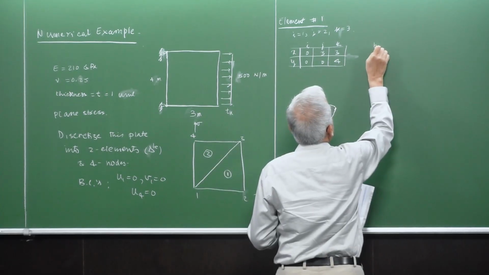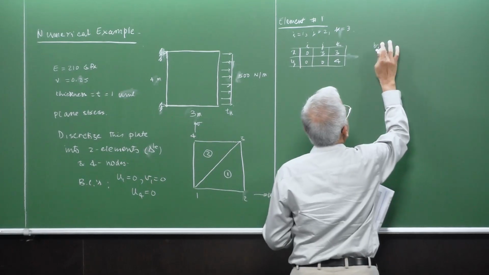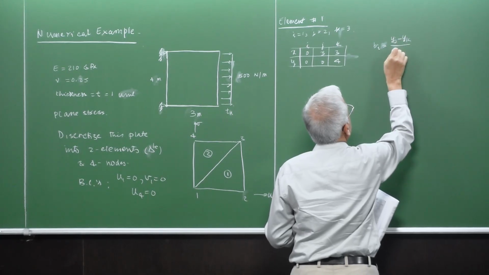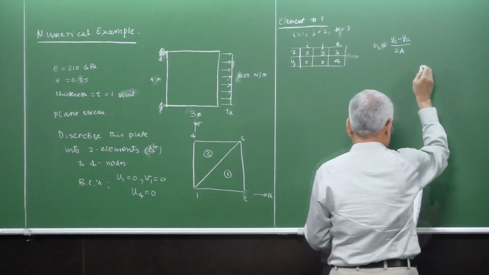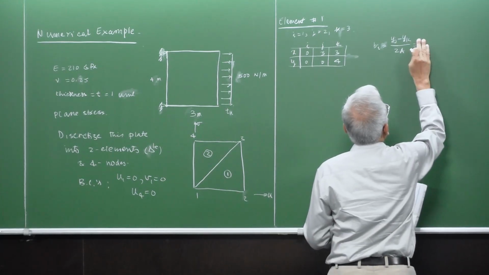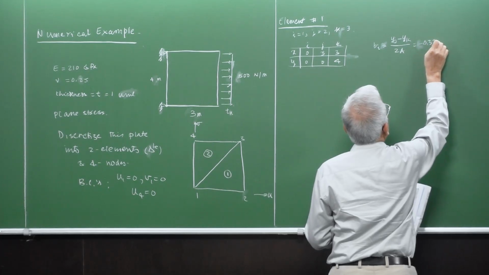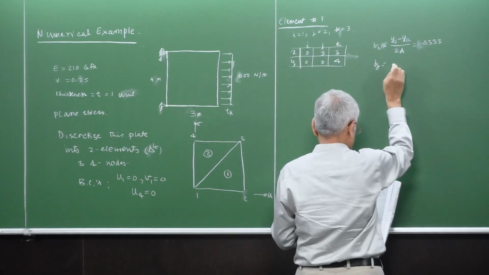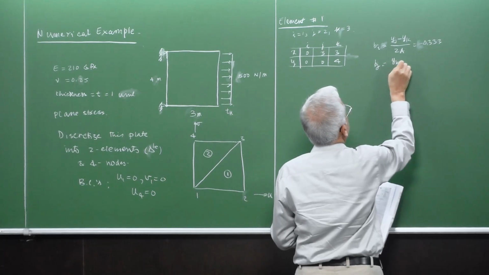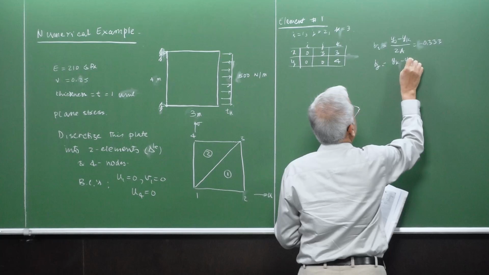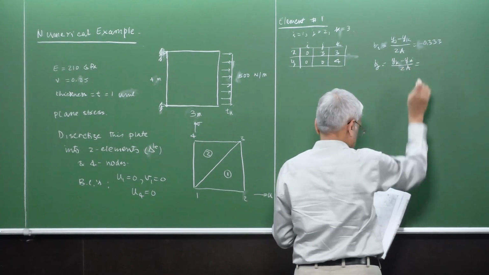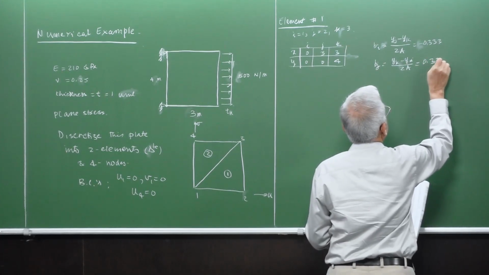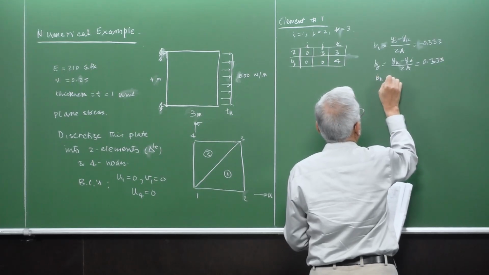And here bi is, I'm just writing 1 here, over 2A, minus 0.33. bj is yk minus yi, plus 0.33, and bk is 0.